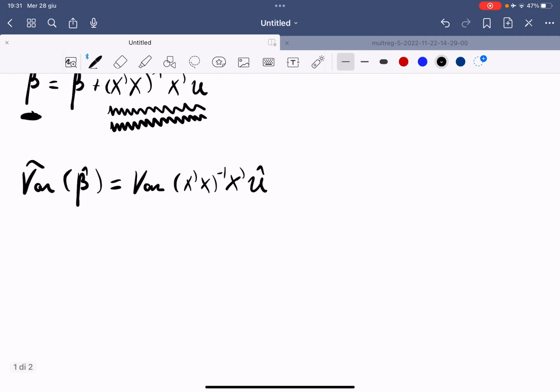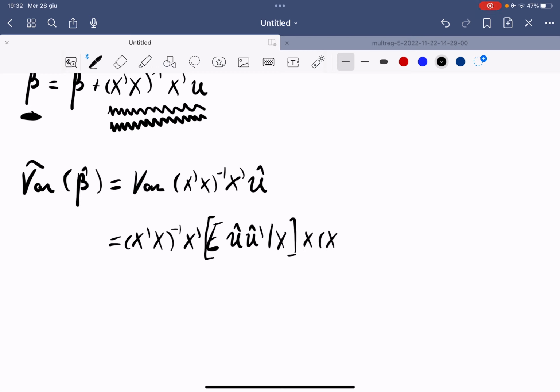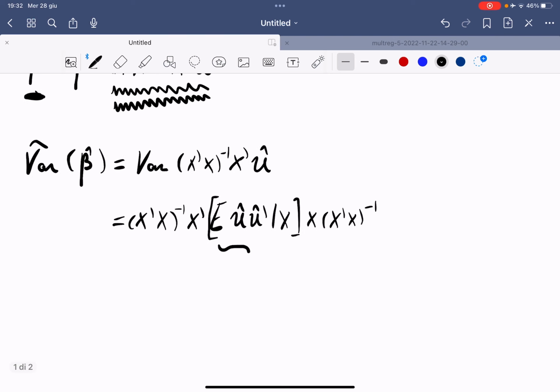So this will be equal to x transpose x inverse times x transpose, the expected value of u estimated times u estimated transpose given x, times x transpose x inverse. We define this to be equal to omega hat c.